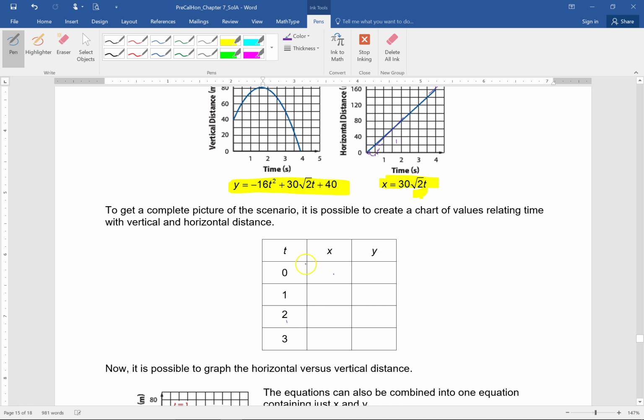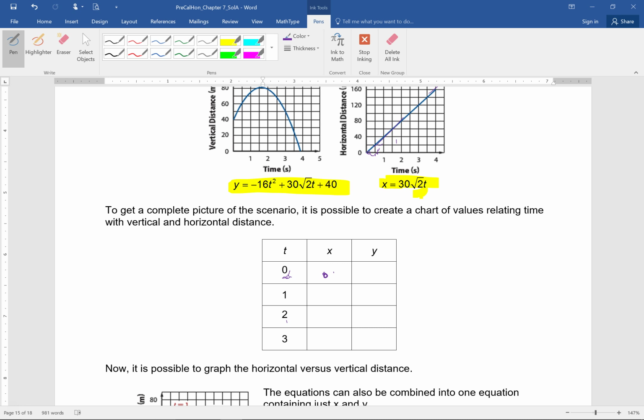The way in which I'm going to do that for each of these times, I'm going to plug 0, let's say, into the equation for x. And what do I get when I do that? 0. And then when I plug in 1, I get 30 root 2, which is how much? Like 40 or 42. Give me exactly. Right, I just said that. You're supposed to switch them.